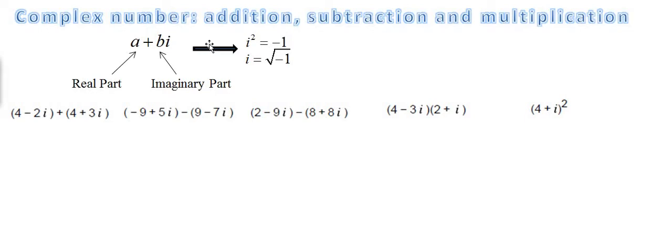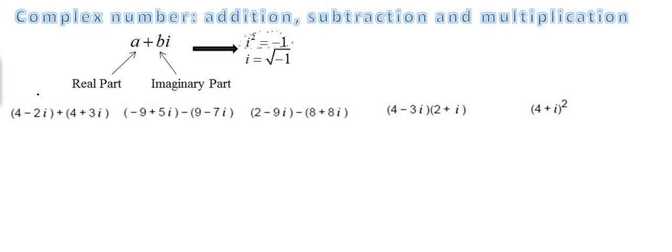We also have a very important property: i squared equals -1, or we can say i equals the square root of -1.